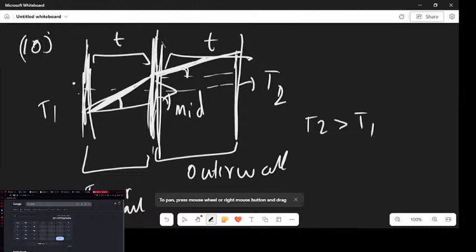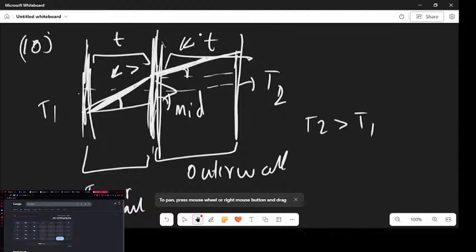That means the conductivity here is greater than this conductivity. So the thermal conductivity of the inner wall is greater than that of the outer wall. Whatever, option A.